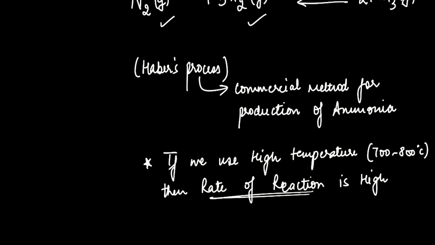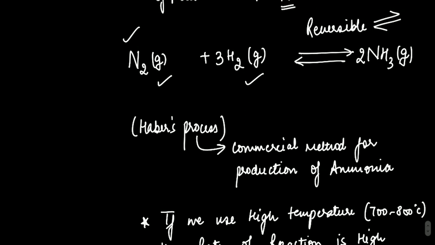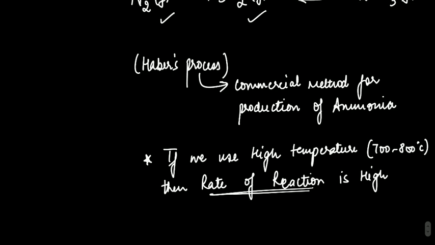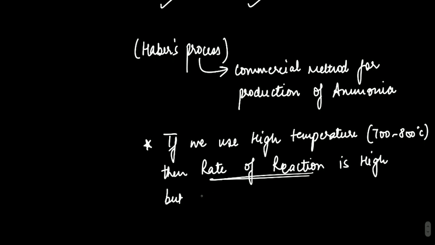What's the rate of reaction over here? Rate of reaction means the speed of this reaction with respect to time, which is going to be high if we are using high temperature. But the yield of ammonia is low.